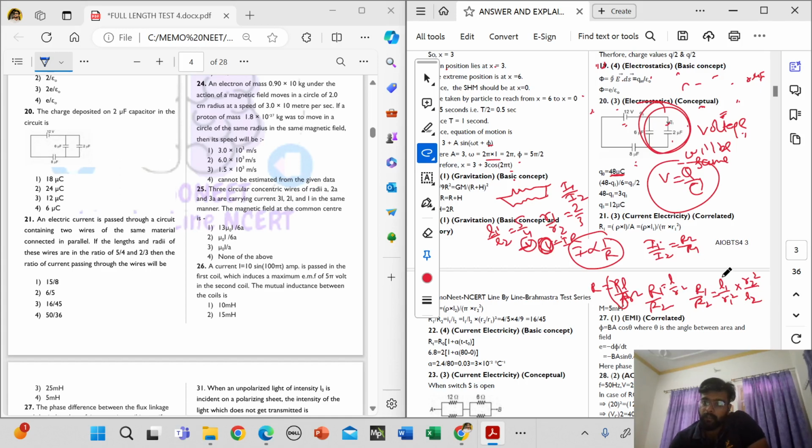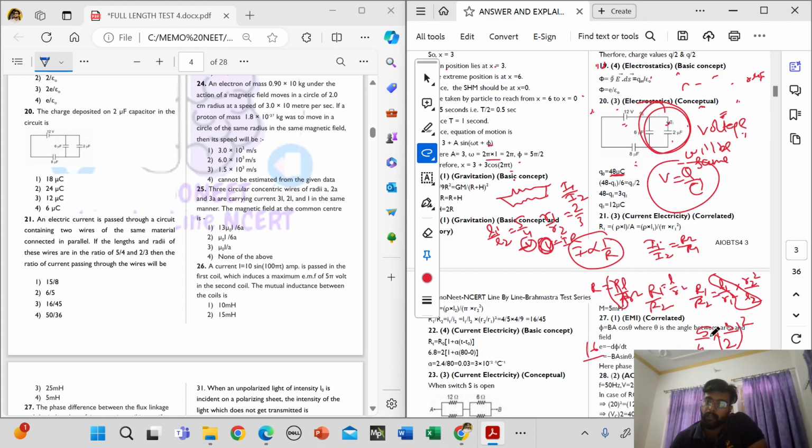So we have been given the values of L1 upon L2 and r1 upon r2. L1 upon L2 is 5 by 4, r1 upon r2 is 2 by 3, that is whole square. We will calculate here 5 by 4 into 9 by 4, that is 16 and 16.